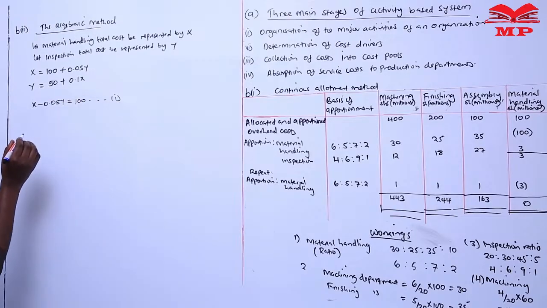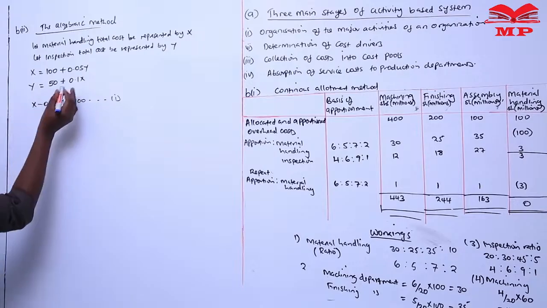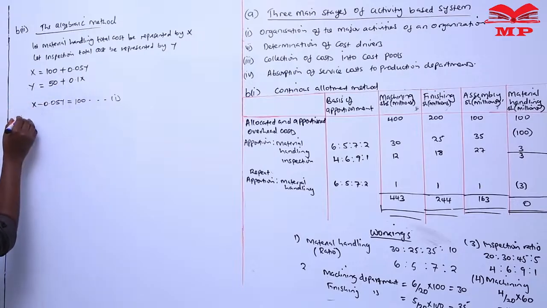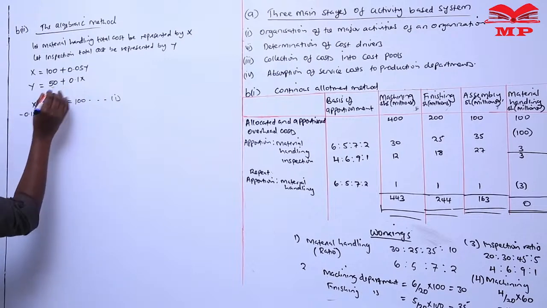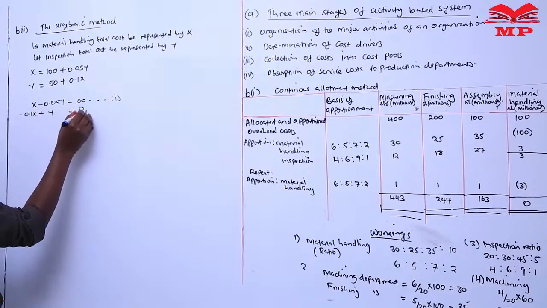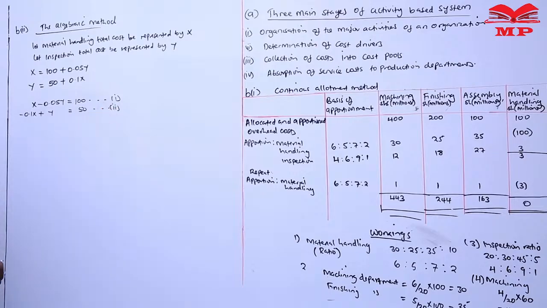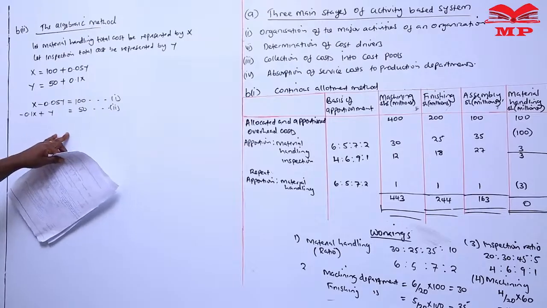We do the same for the second equation. We are bringing 0.1 to the other side, so we'll have negative 0.1 x plus y equals 50. And this becomes our second equation, which we now solve using simultaneous equations, using the elimination method.